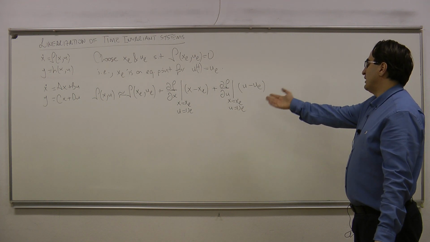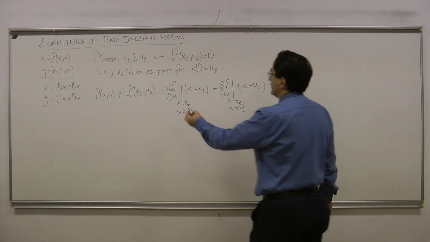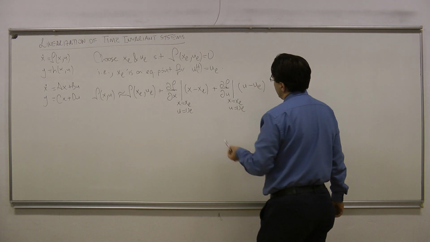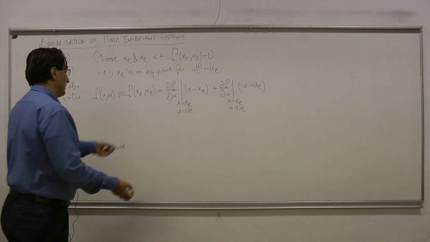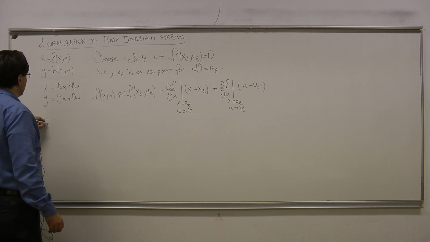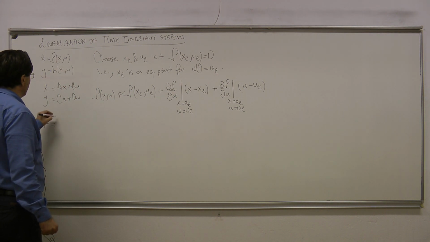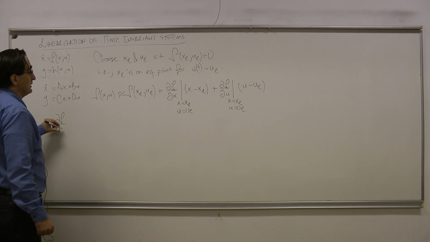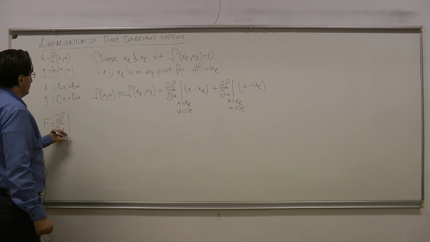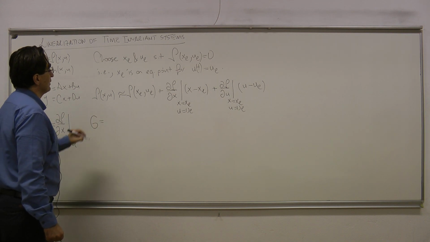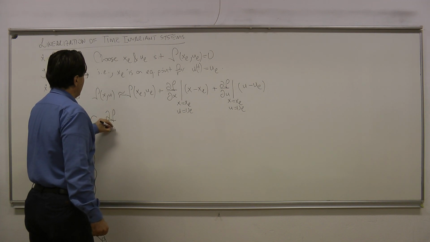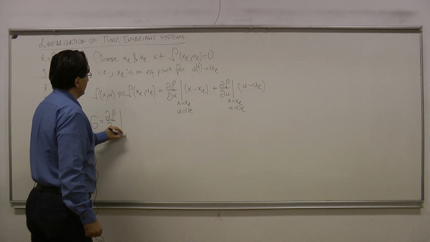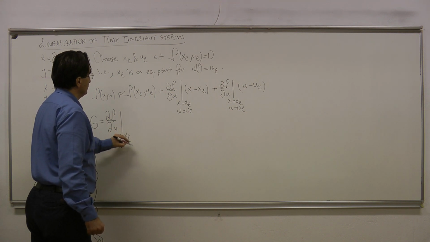So now I really do not want to write these matrices over and over in my equation, so I would like to define them suitably because they are constant matrices. So the constant matrix F is going to be called del f over del x, at x equals xe, u equals ue, and I will define the constant matrix G as the Jacobian of f with respect to u evaluated at xe and ue.